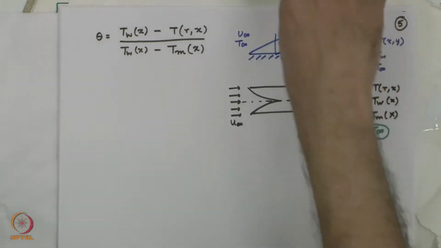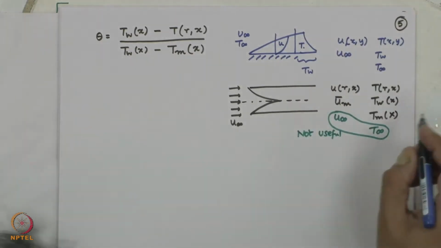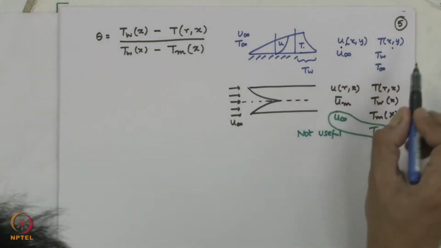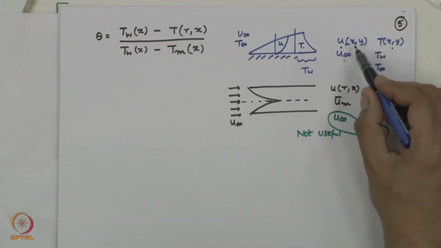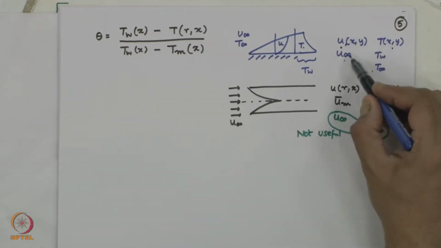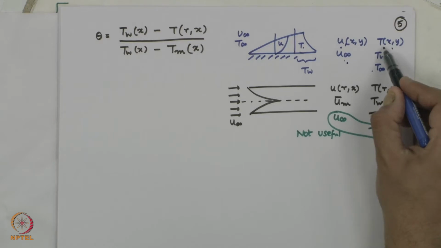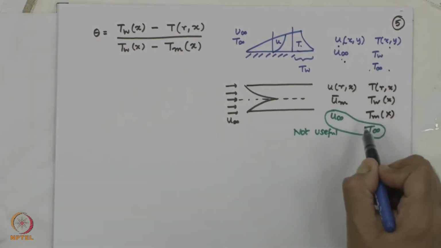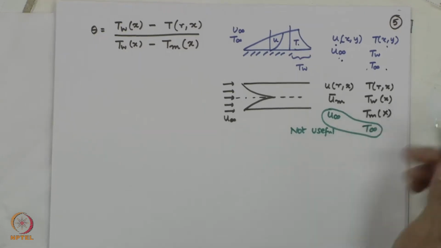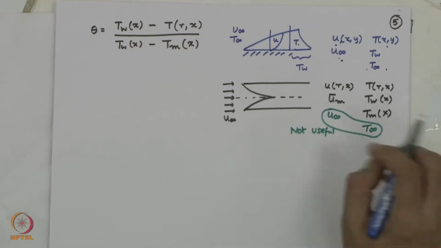So, if you go back and compare local quantities, u infinity and T infinity: at best the velocity can vary from 0 to u infinity, temperature can vary from T wall to T infinity. Here u infinity does not have any address, any value.